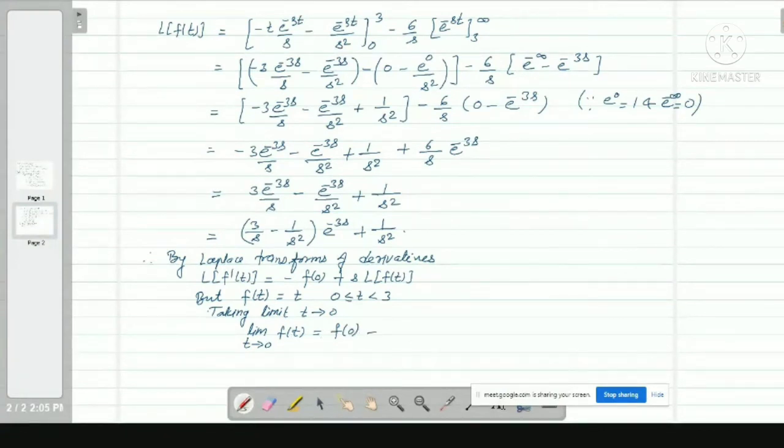If I put t tending to 0 here, this becomes 0.